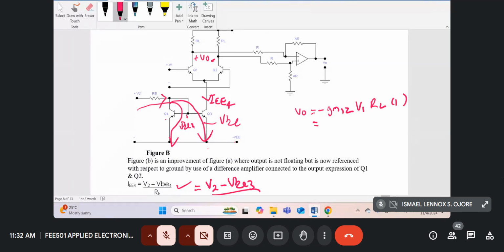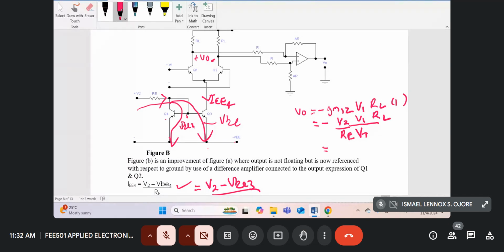But GM in this case is V2 over RE into VT, into V1 into RL.